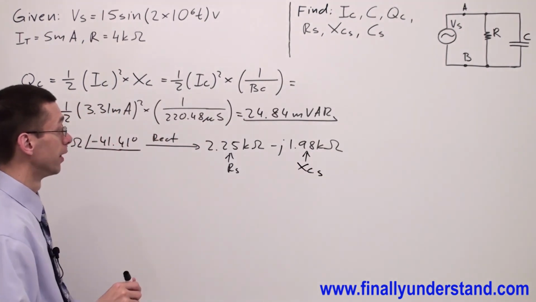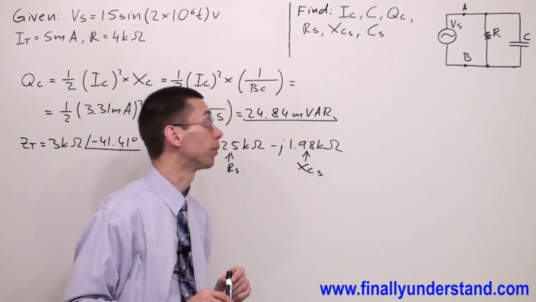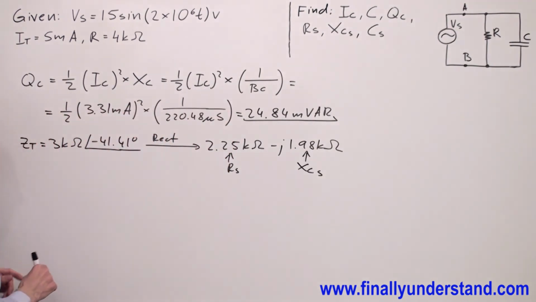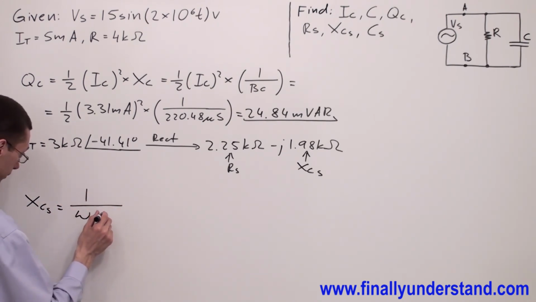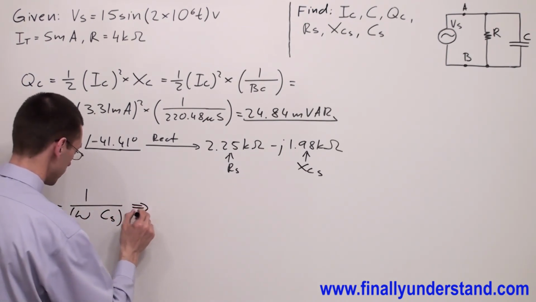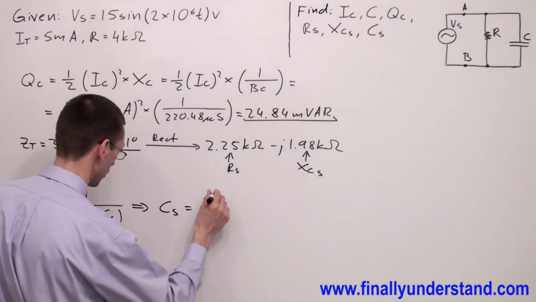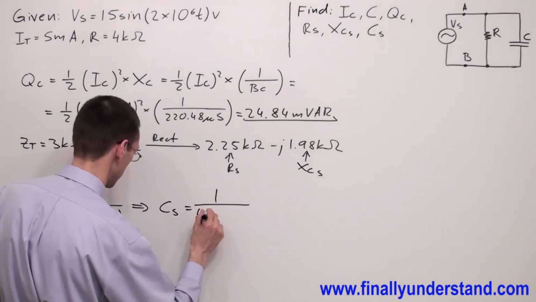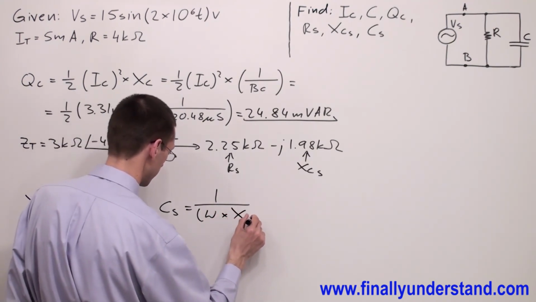capacitive reactance. We have to find also the capacitance of the capacitor in the series circuit. So what I'm going to do, I'm going to use the formula for the capacitive reactance, which says X of CS is equal to 1 over omega CS. Solve this formula for CS and you will obtain CS is equal to 1 divided by omega times X of CS.